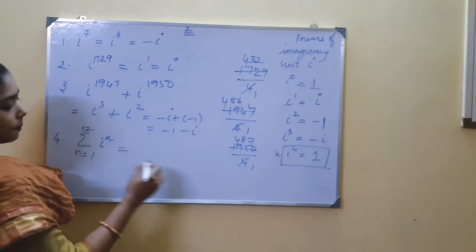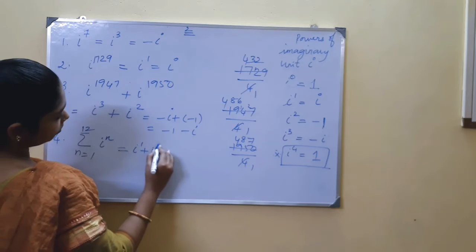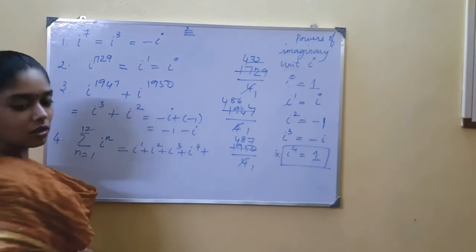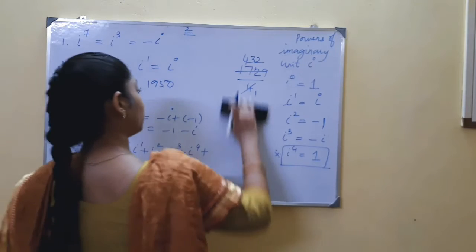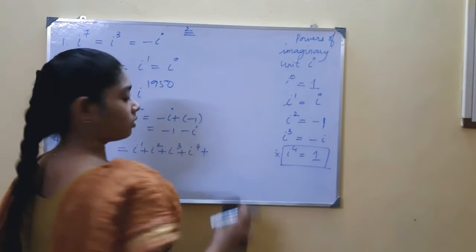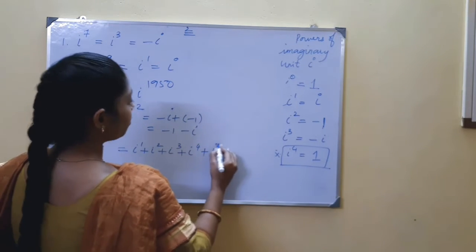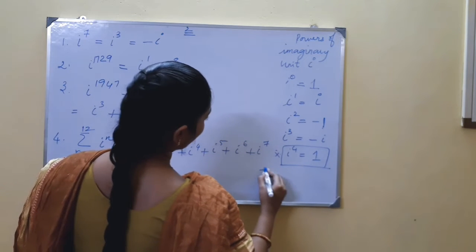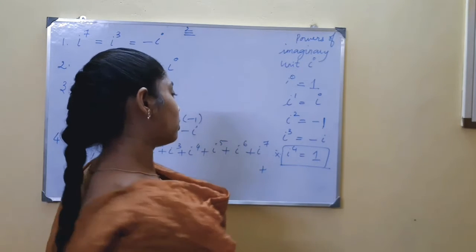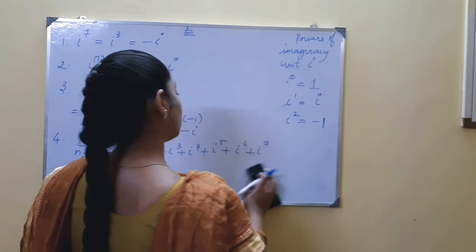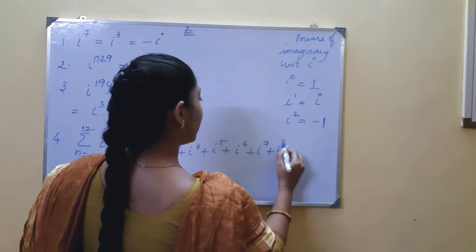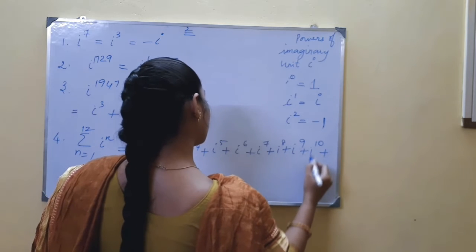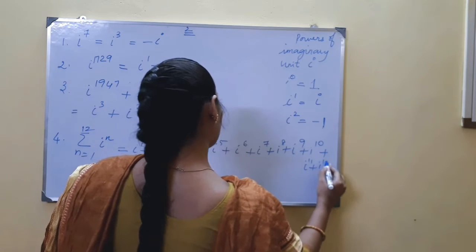So I can expand this: i to the power 1, i to the power 2, i to the power 3, i to the power 4, i to the power 5, 6, 7, 8, 9, 10, 11 and 12.